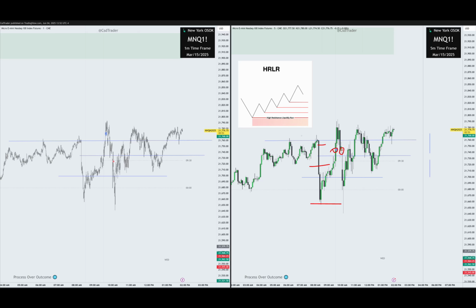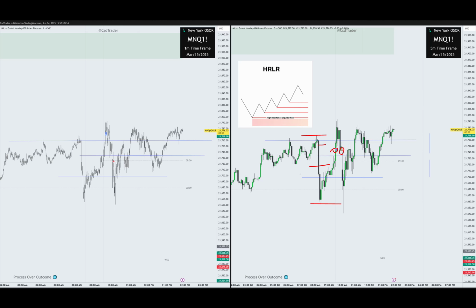Also, this was a liquidity pull here, came back and played inside the range. There's deep retracements, guys. That's key. Deep retracements after the range creation took out the range that was created. And you can see here there was a pullback in price, and price still was stagnant all the way into the next following day. But essentially, this is what a high resistance liquidity run environment looks like.